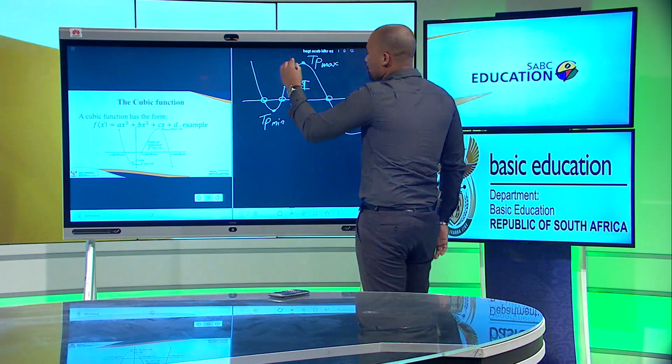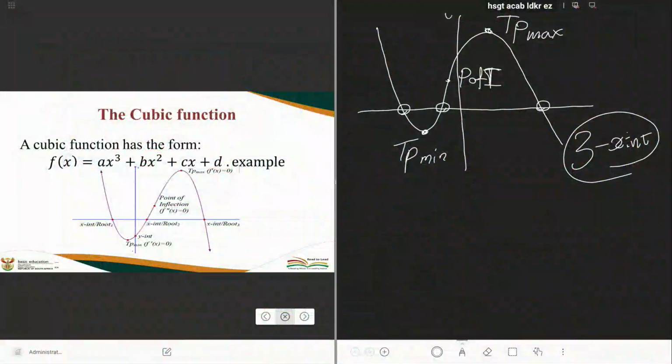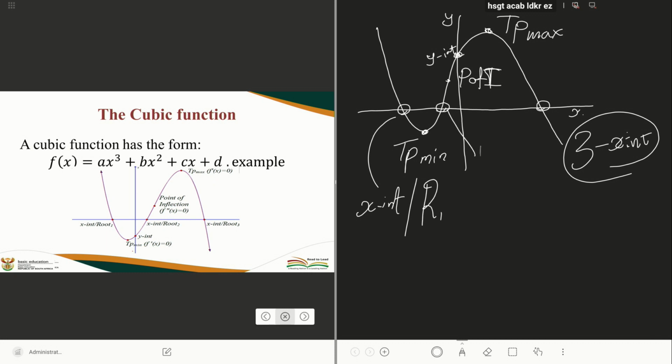And then when you draw that on our Cartesian plane, we'll also need to show our y-intercept. This one is my first x-intercept, which I can call root 1. This one can be root 2. That one can be root 3.